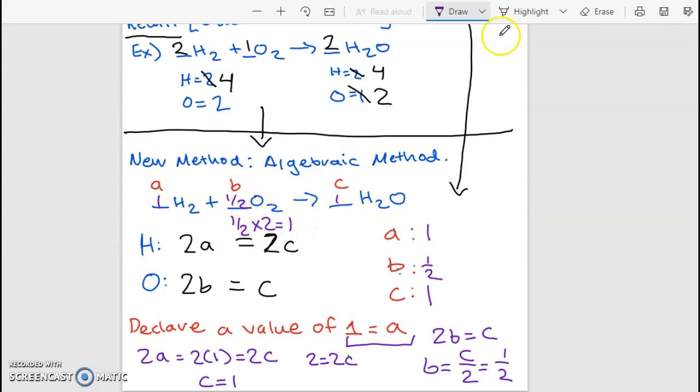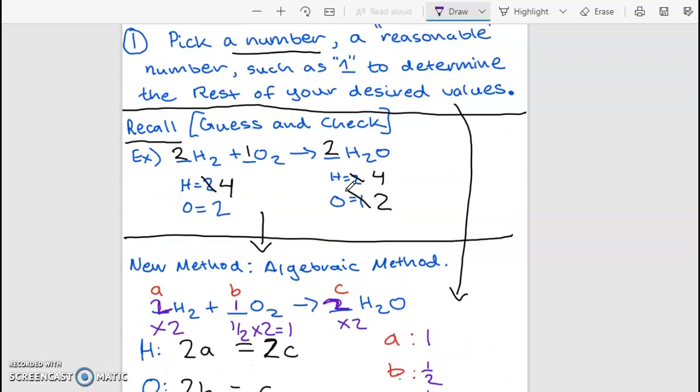So that O2 therefore becomes a 1. And if we multiply this one by 2, we have to multiply everything else by 2. And so we get 2H2, plus 1O2 is equal to 2H2O. And that was the same answer we got up here.